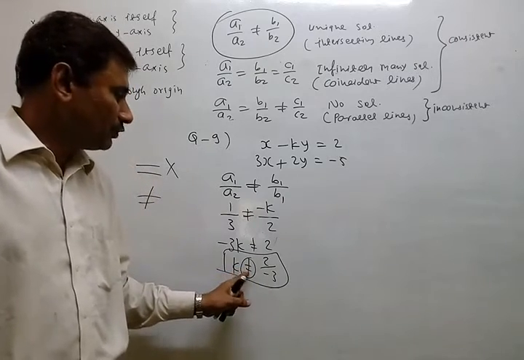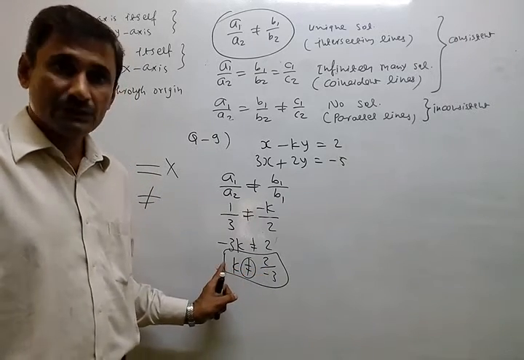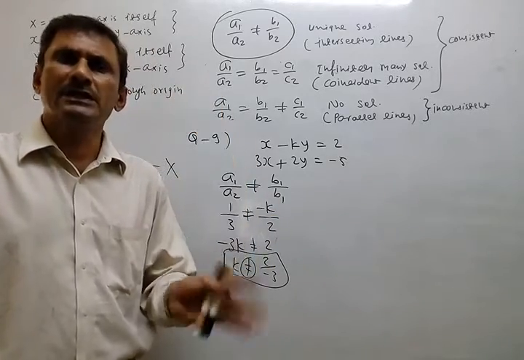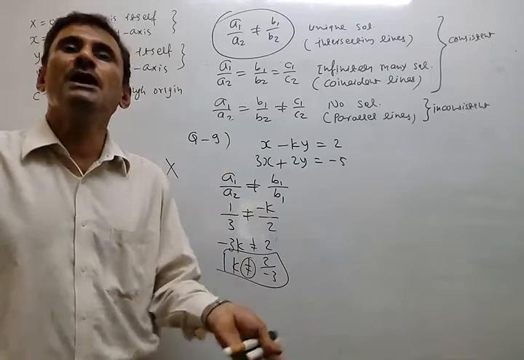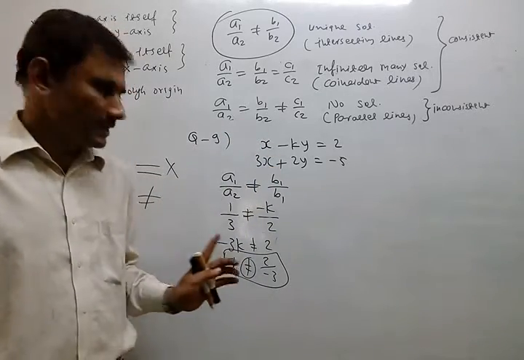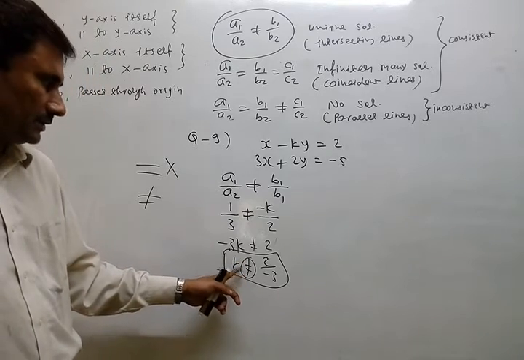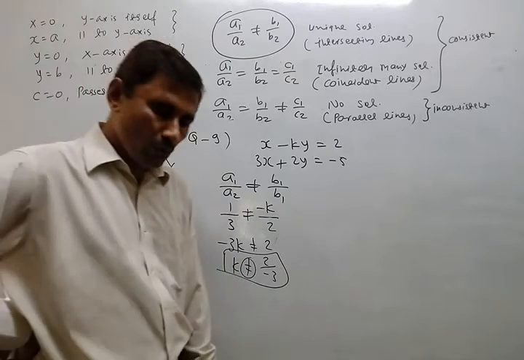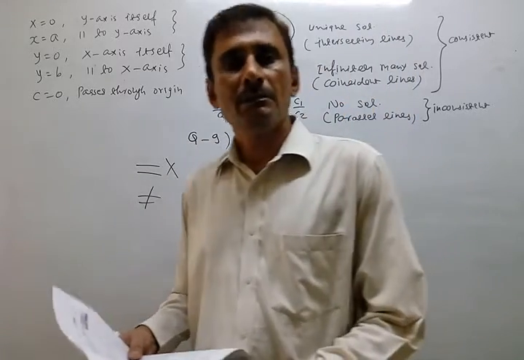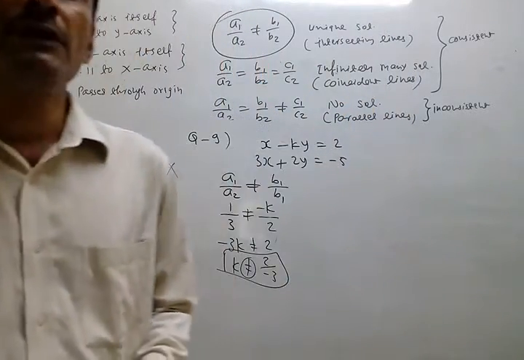We can only say what k should not be. So k should not be minus 2 by 3; except minus 2 by 3, any value in the world can give a unique solution. So according to the correction, B is our answer, and in all options, replace the equality sign by the non-equality sign.